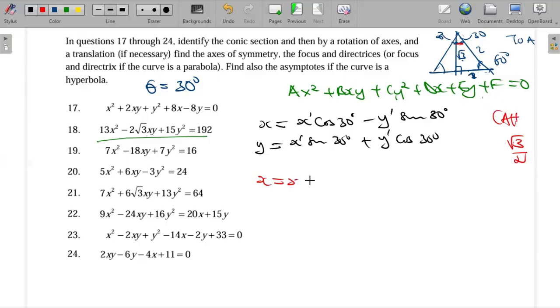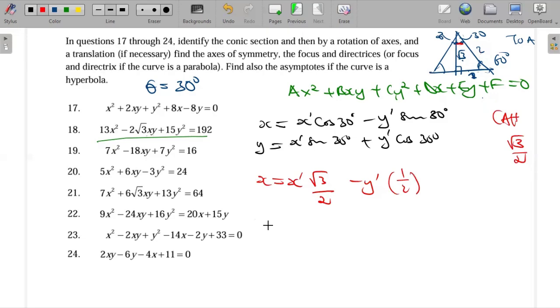You have x prime root 3 over 2. And then minus y prime, sine 30 is just half. Sine is opposite over hypotenuse, so that is going to be 1 over 2 there.